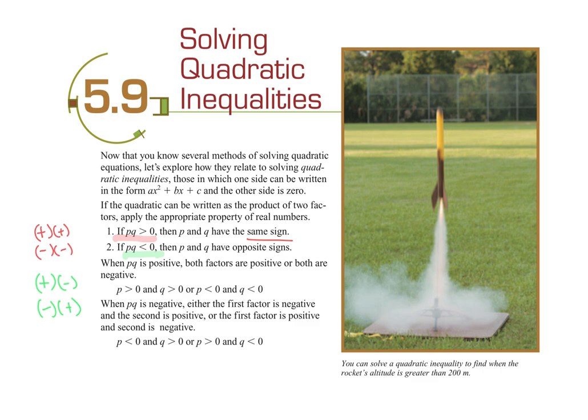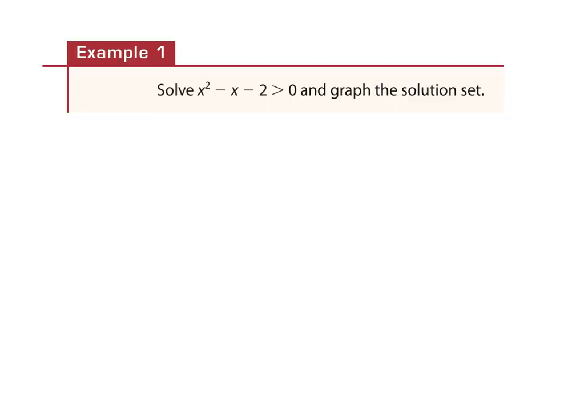And so the first one we're going to do is when we have something greater than 0. All right, so in order for my answer to be greater than 0, both of my parentheses have to be the same sign. So I am going to test them. I'm going to test them where they're both positive, and I'm going to test them where they're both negative. And then I'm going to come up with the correct solution to whether they are positive or negative.